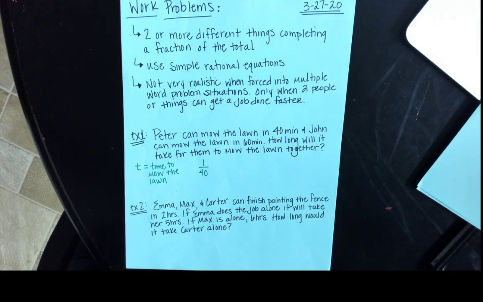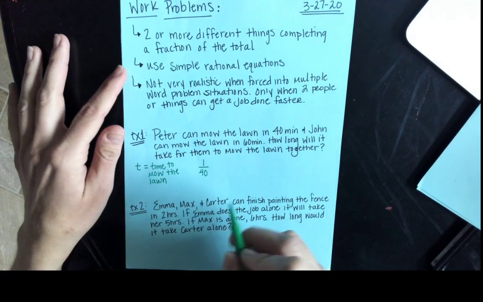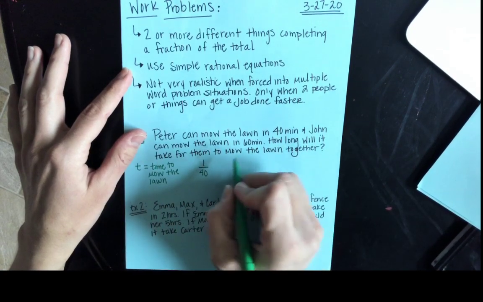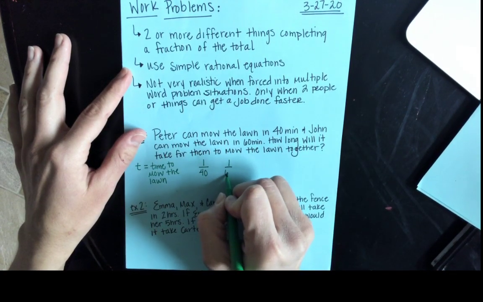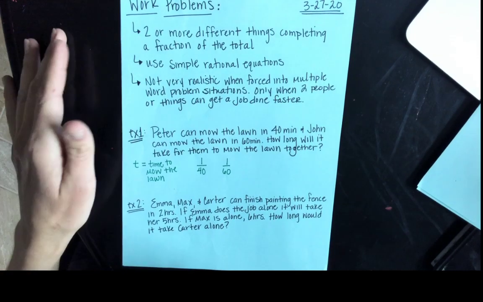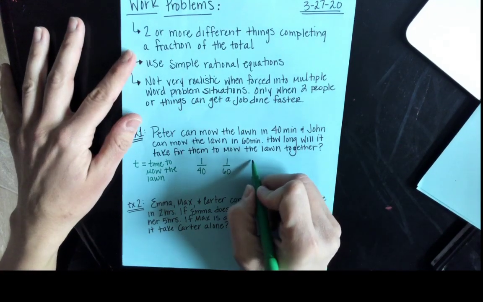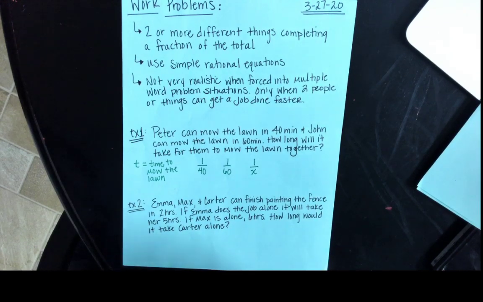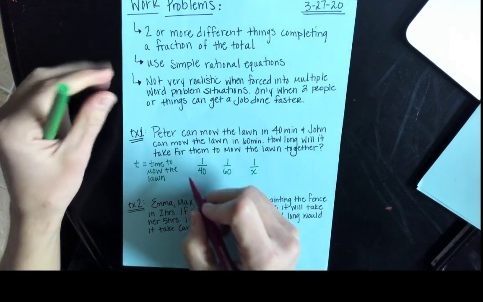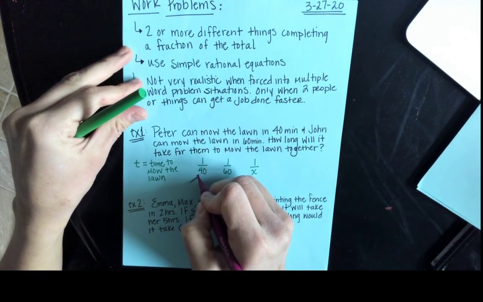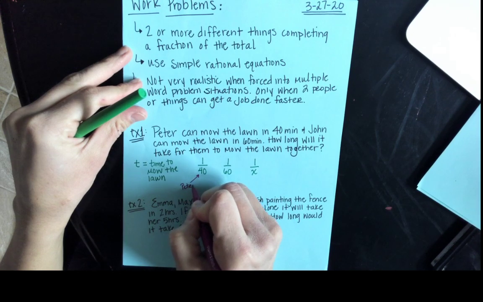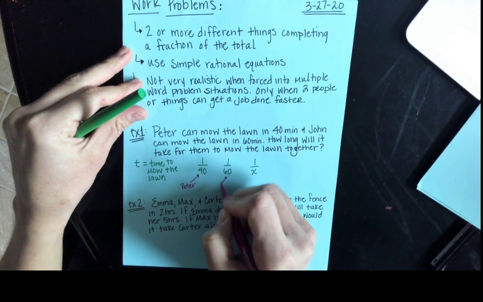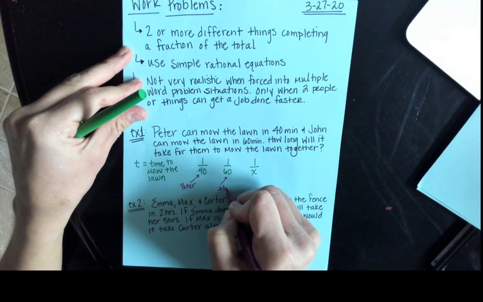One job in 40 minutes. And John can do that one job in 60 minutes. And what we're looking at is what it would take for them to do that one job if they worked together. So John and Peter each hold a fraction of what this job could be done in.